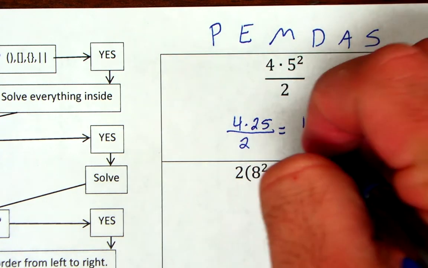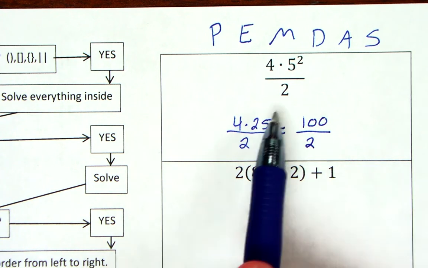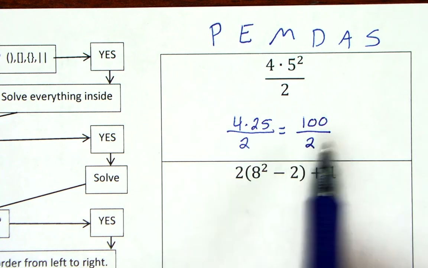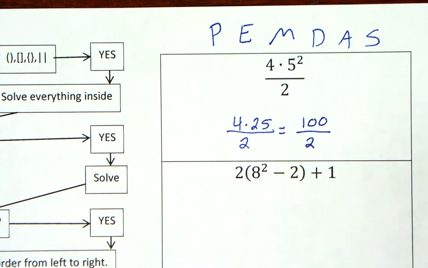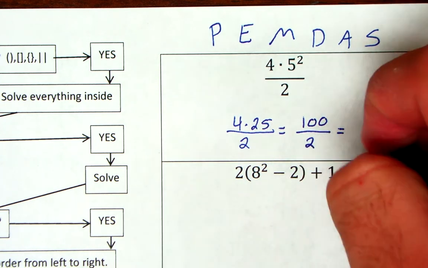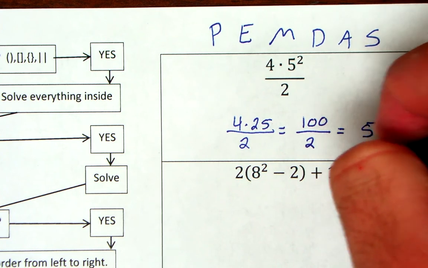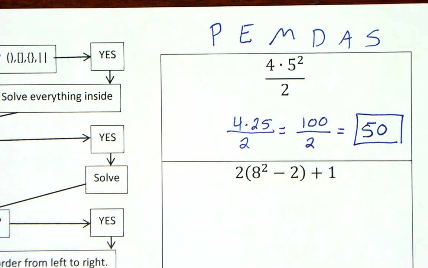All right, and put that over the 2. So again, the only math I did here was I did the multiply. I kept everything else the same. Well, looks like the last step for this problem is to just divide. What's 100 divided by 2? 50. All right. That's a very good job there, Brenda. That is correct. The answer is 50.